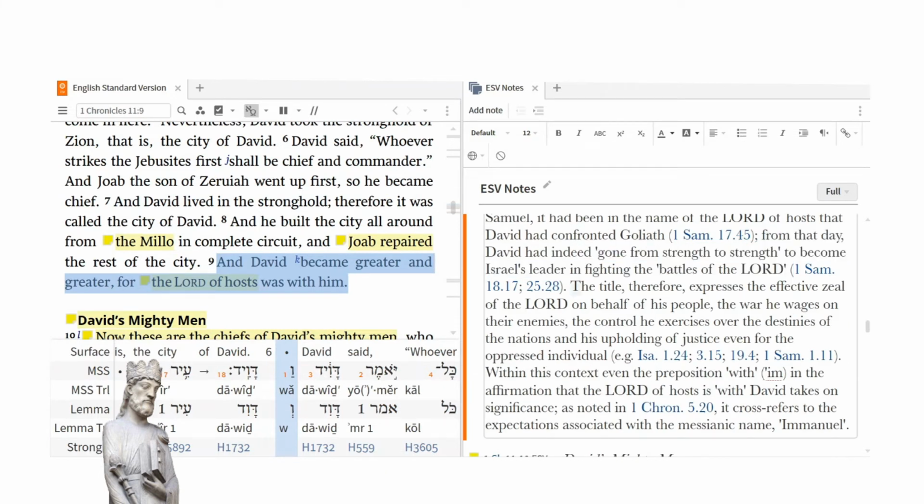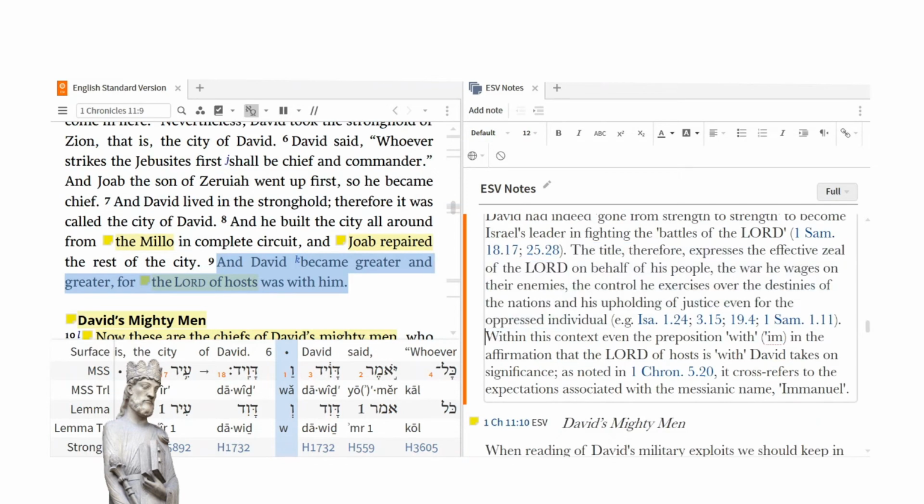The title then expresses the effective zeal of the Lord on behalf of his people and the war he wages on their enemies, the control he exercises over the destinies of the nations, and his upholding of justice, even for the oppressed individual. Within this context, even the preposition "with," in the affirmation that the Lord of hosts was with David, takes on significance.